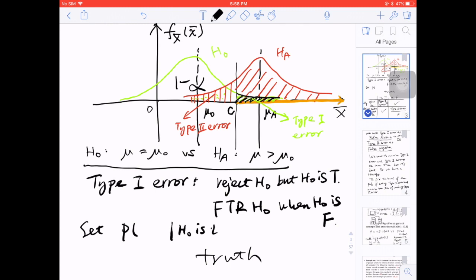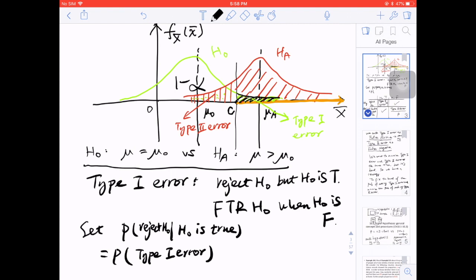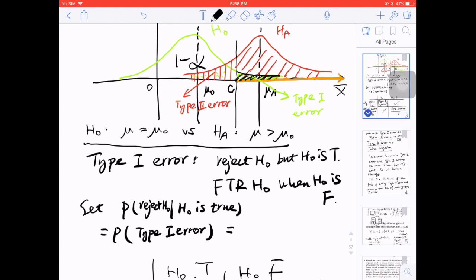So this is the type 1 error, right? Reject H0, and we're going to set this probability of type 1 error to be a fixed level.